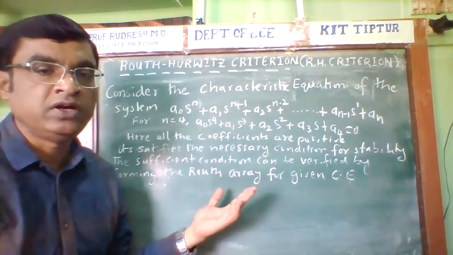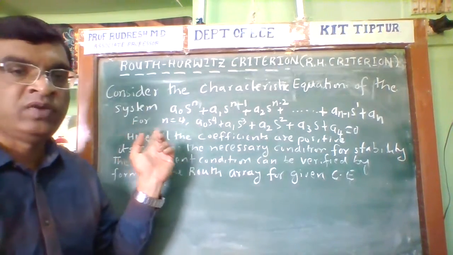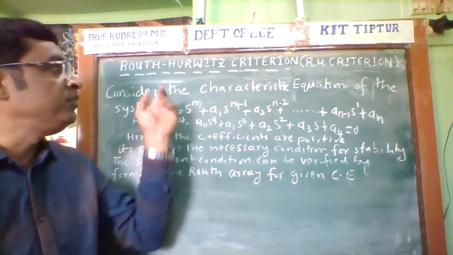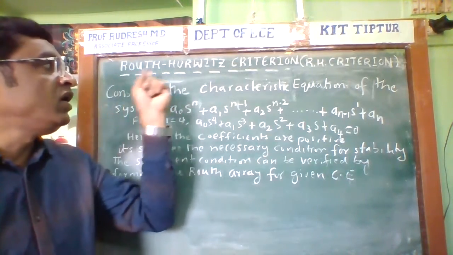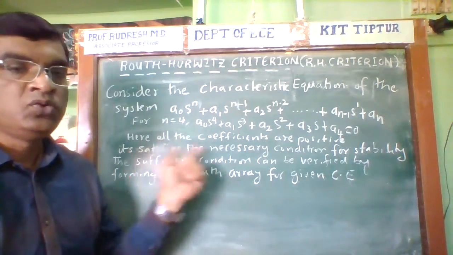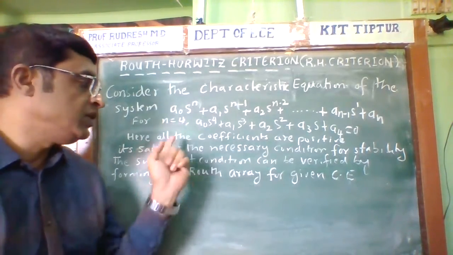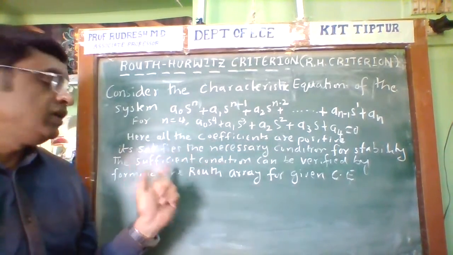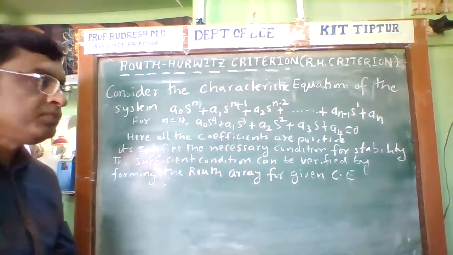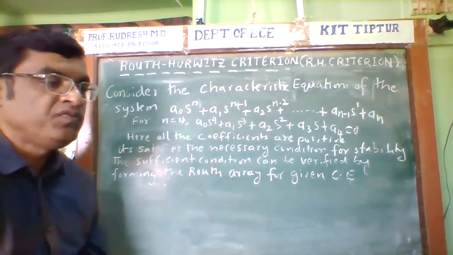In order to verify that, the sufficient condition can be verified by using the Routh array or by using the Hurwitz criterion. Now, to form the Routh array, the Routh array can be formed as follows.